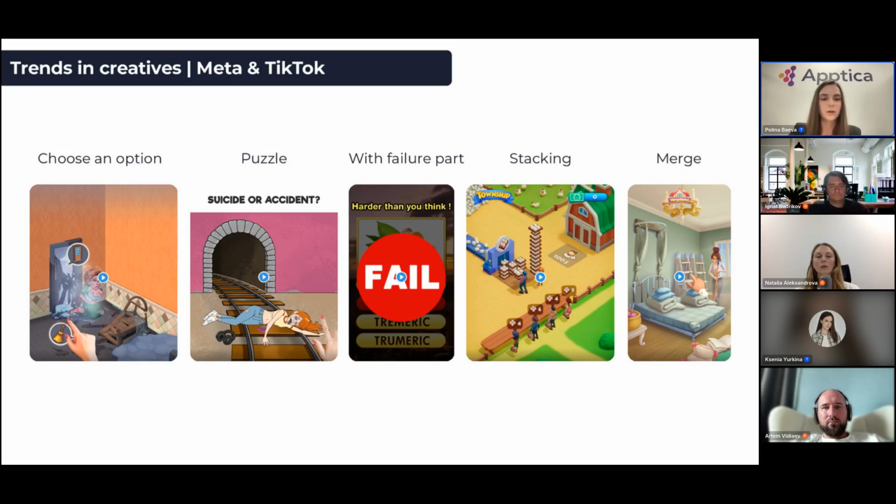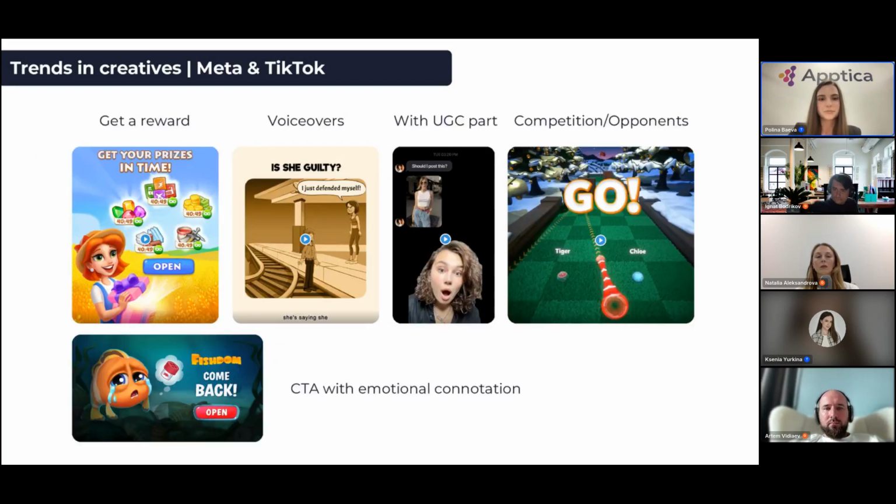And you will also be able to click on each of these pictures to see each of the creatives in our full presentation. But I want to focus more on the trends. And the first trend is that advertisers are willing to add some gamification and interactivity into their content and creatives.